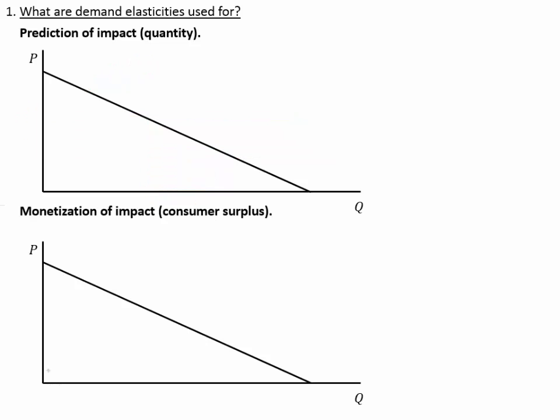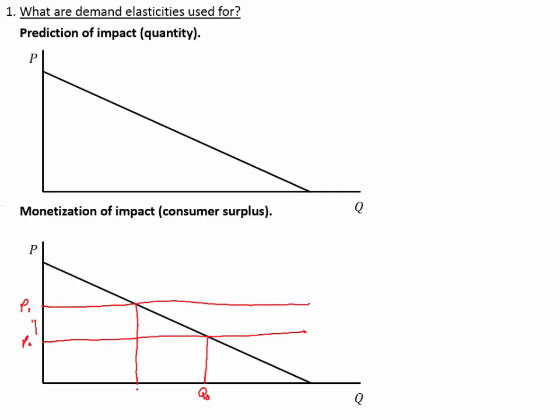Similarly, we could have the same policy, an increase in price from P0 to P1, and ask not just about how many units of the good will be affected, but indeed what will be the value to society, in this case cost, imposed by the policy as a result of those units no longer being produced and consumed.